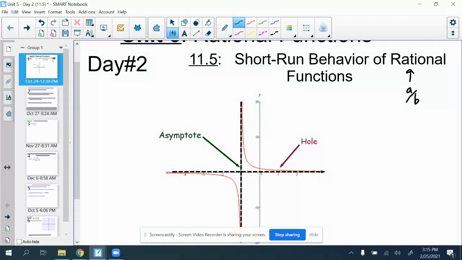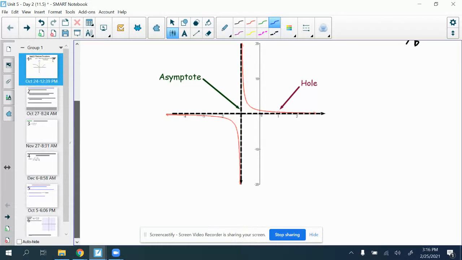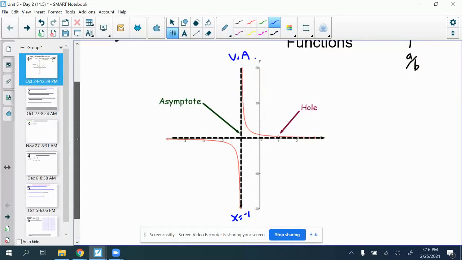Last unit when we talked about short run, we talked about the roots of a polynomial, where it hit the x-axis. But now we have two different things that we're going to look for in the short run. The first one we've encountered before is a vertical asymptote. In this one, it looks like x equals -1 is a vertical asymptote.